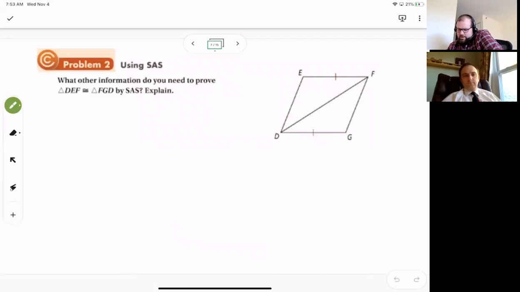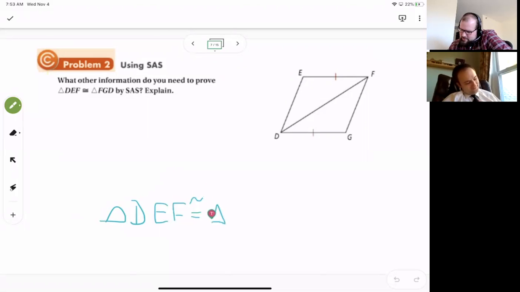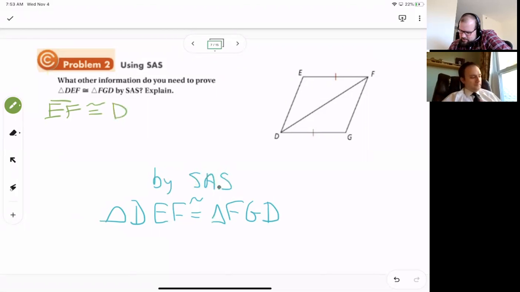All right, what other information do we need? Okay, I'm going to start at the top this time. I like that because you already started at the bottom. So we're given EF is congruent to DG. So I'm going to call those sides.